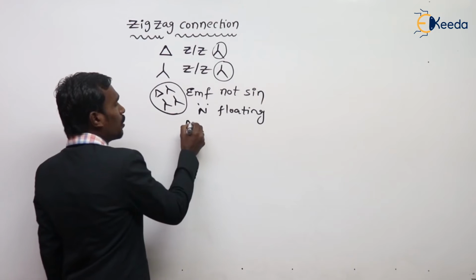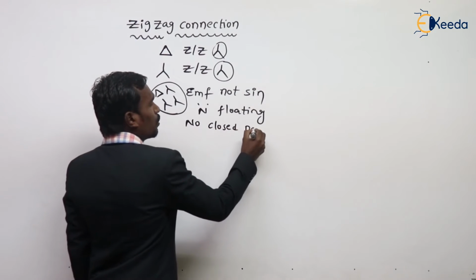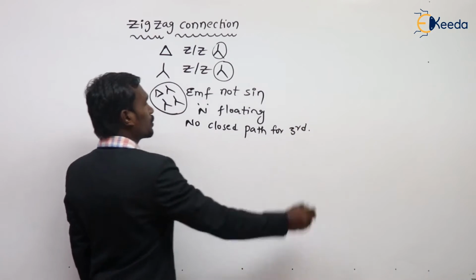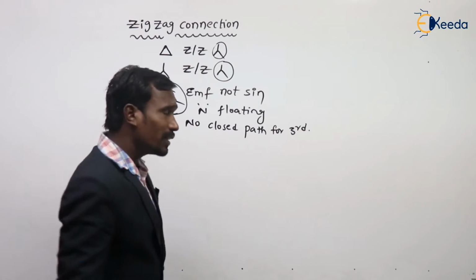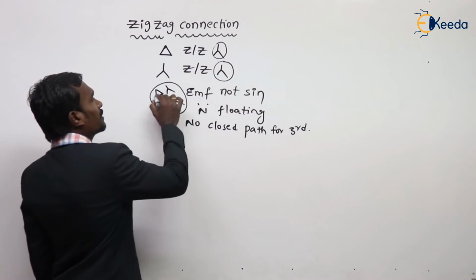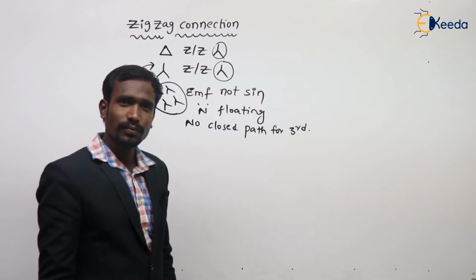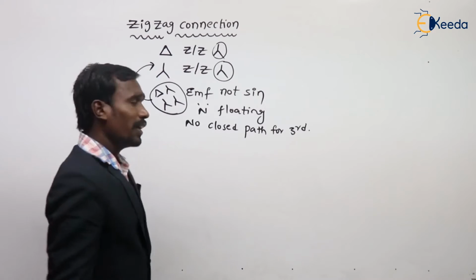Because there is no closed path for third harmonic currents, we are modifying this as a zigzag connection.